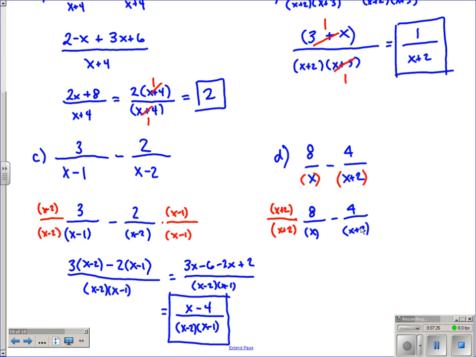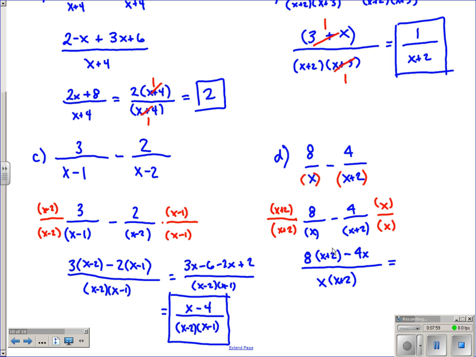And our right side I have to multiply by whatever factor we have over here that it doesn't have, which is just x. So we're going to do x over x. So let's rewrite it here. We've got 8 times the quantity of x plus 2 minus 4 times x all over x times the quantity of x plus 2.